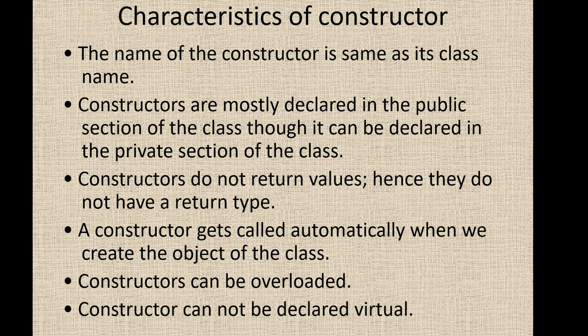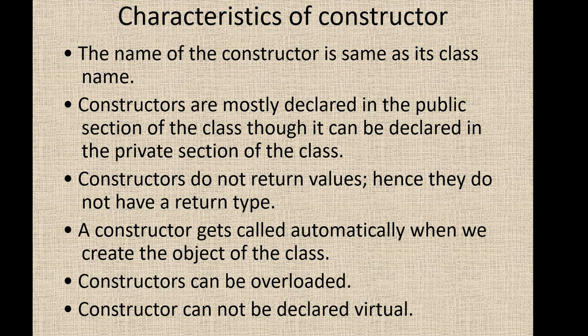We do not give any return type, neither a preliminary return type nor void or anything. So it does not return any value and does not have a return type.